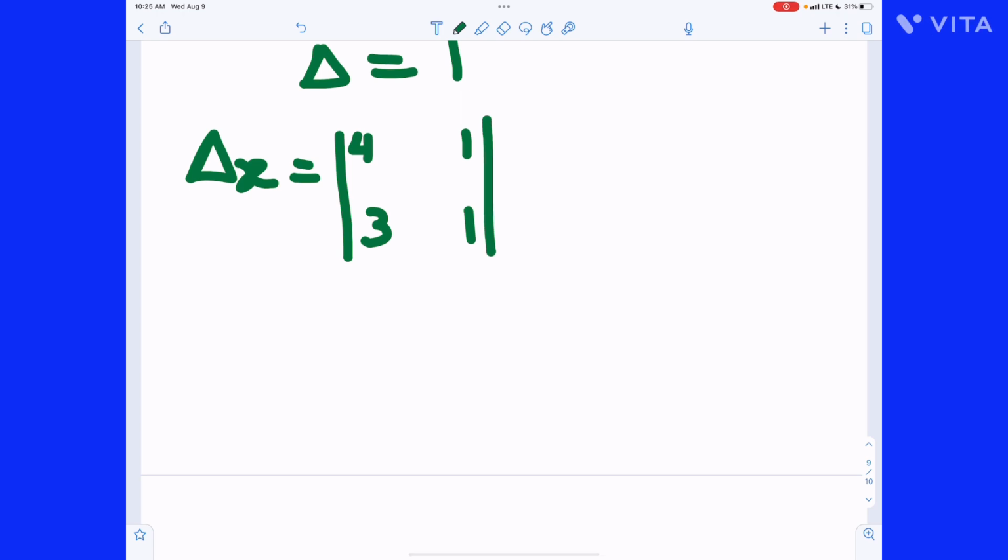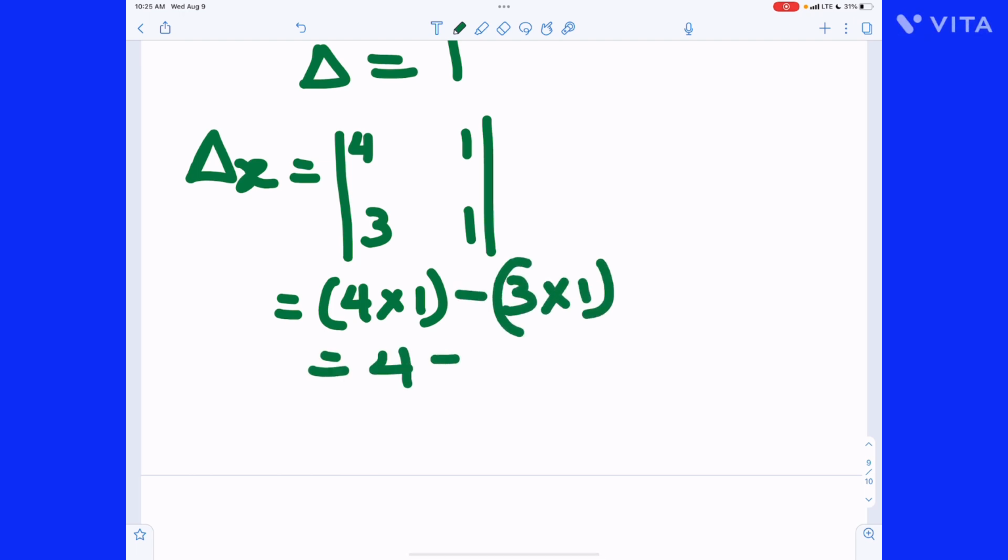This gives me 4 times 1 minus 3 times 1. That's 4 minus 3, 1. So delta x is 1.